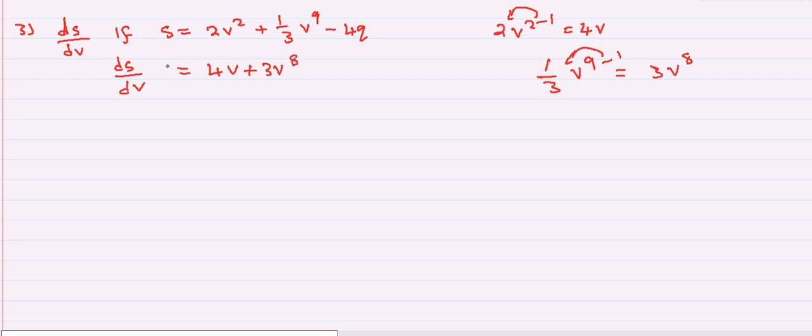We need the derivative of s with respect to v. Anything that is not v, here we have 4q, we take as a constant, meaning this will be minus 0. Therefore our derivative is 4v plus 3v exponent 8. That will be all for number 3. Let's look at number 4.